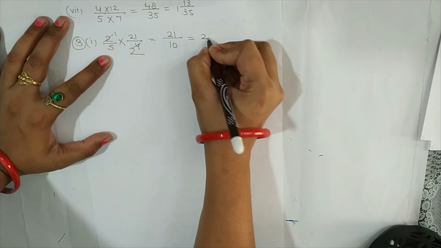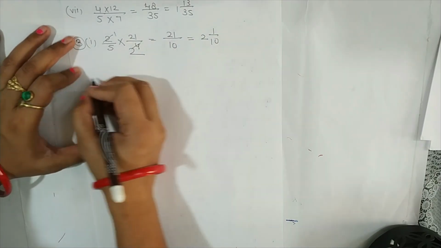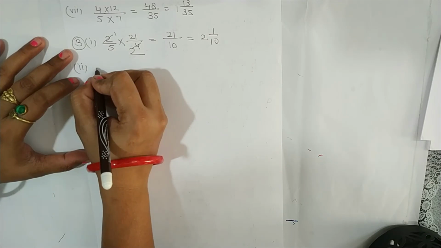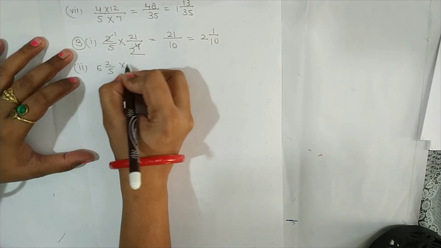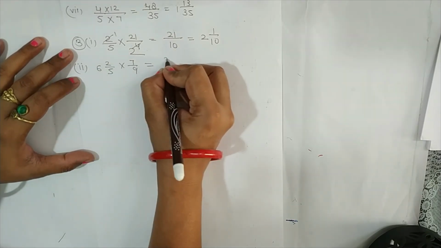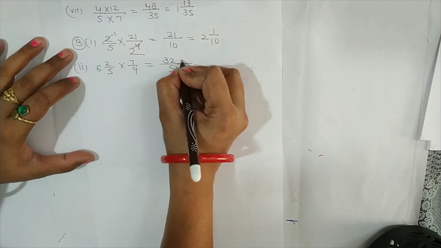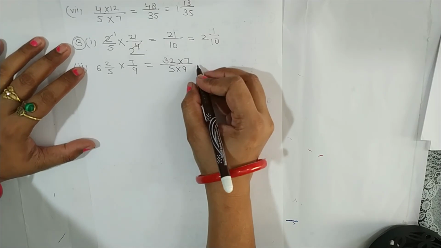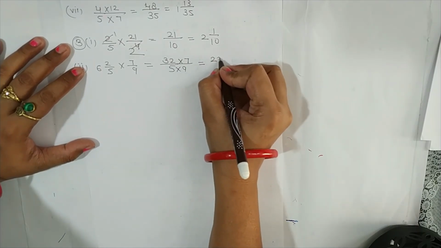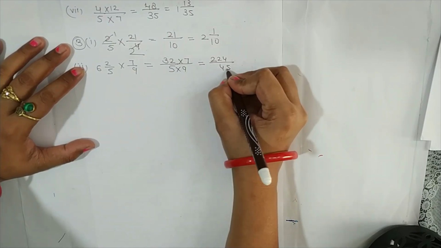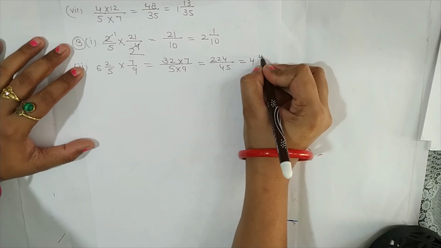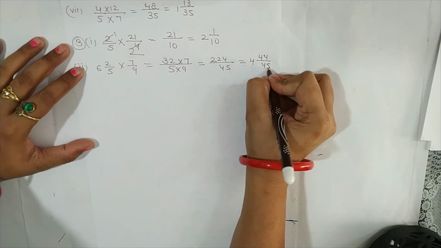So 2 1 upon 10. Second is 6 2 upon 5 into 7 upon 9. So it will be 32 upon 5 into 9 and 32 into 7. Then it will be 2 to 4 upon 45. So the answer will be 44 upon 45.